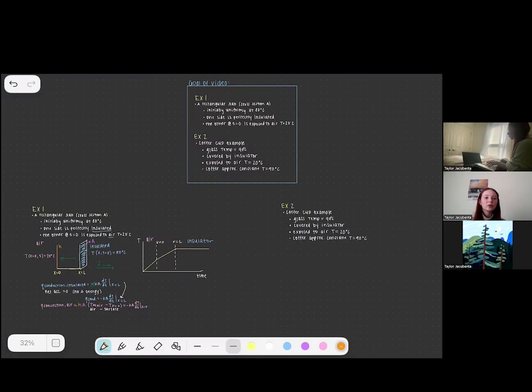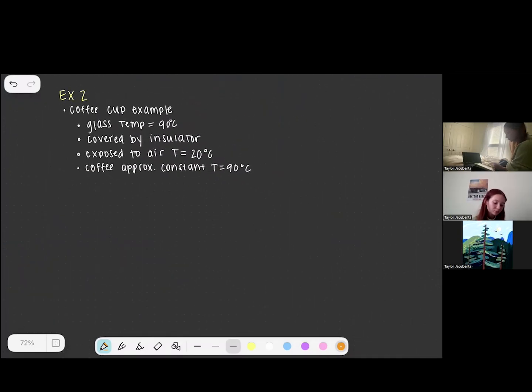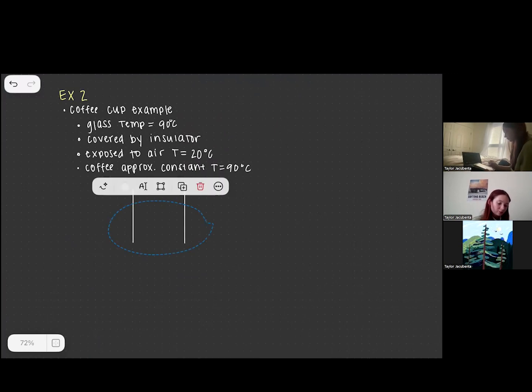Okay, so one way that we can go into this a little bit deeper is through the idea of a coffee cup. So I'm going to have it modeled as such.